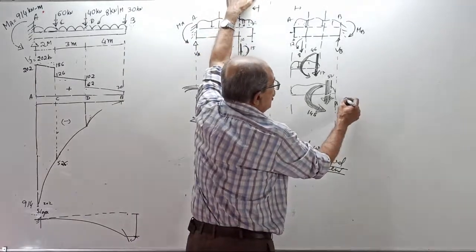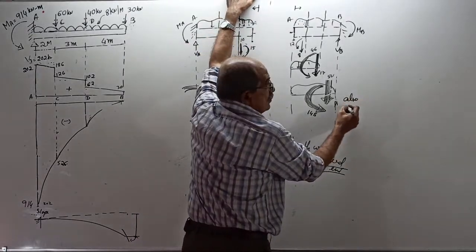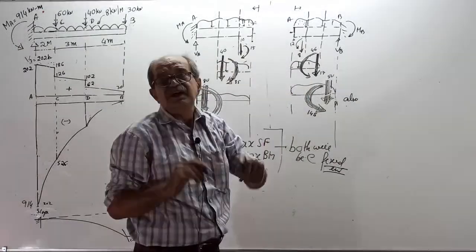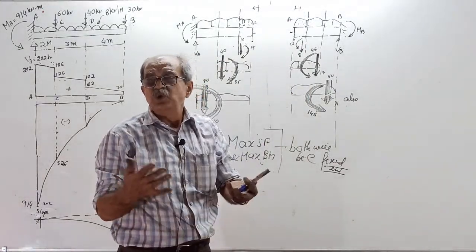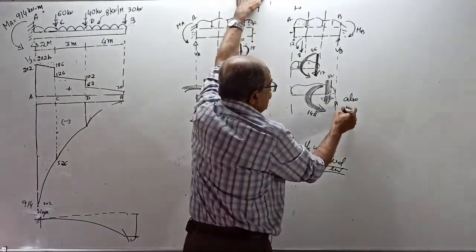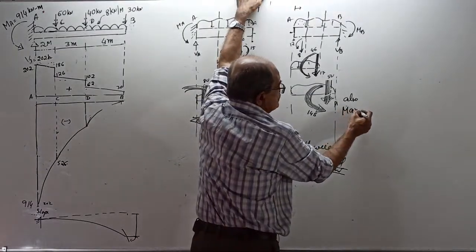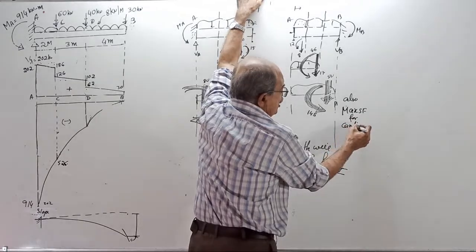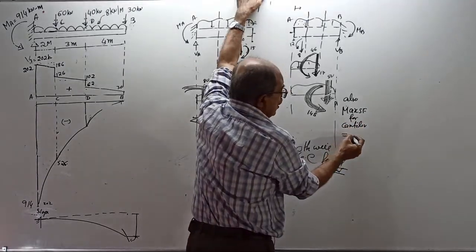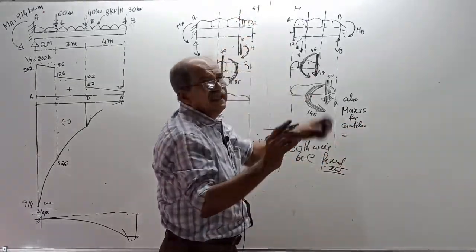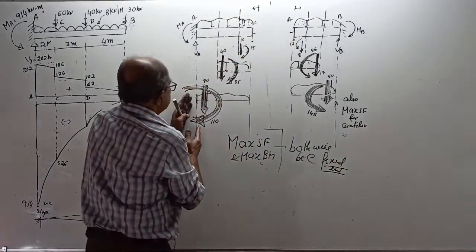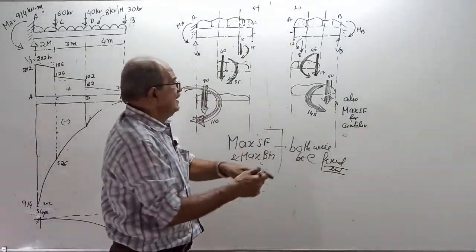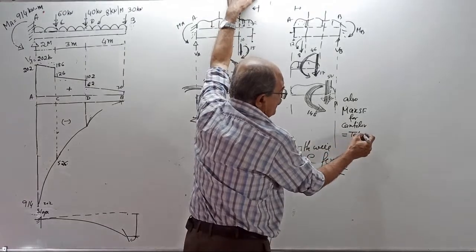And also note, for normal cases in building design, you don't have to worry. If you want maximum shear force for cantilever, directly, maximum shear force is equal to, in one line, total load on the beam.